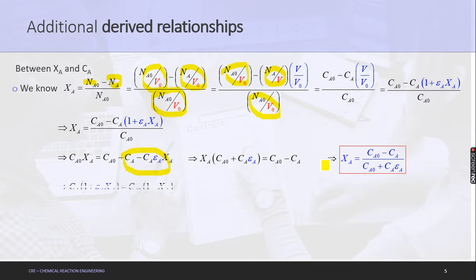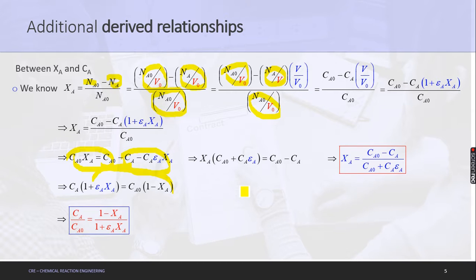We can do the opposite also. From the same equation we rewrite it: CA into (1 plus eta A XA) becomes CA0 into (1 minus XA). Just check how we are making the expression here. So this whole block we are putting on this side, and this thing is coming here, and it can finally be adjusted to write CA by CA0 equals 1 minus XA by 1 plus eta A XA.